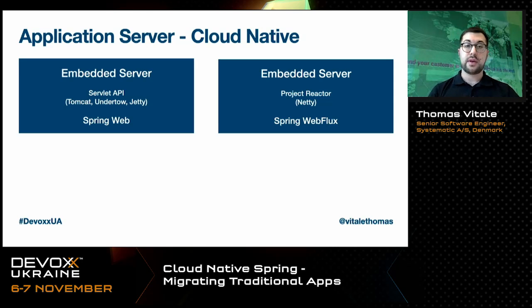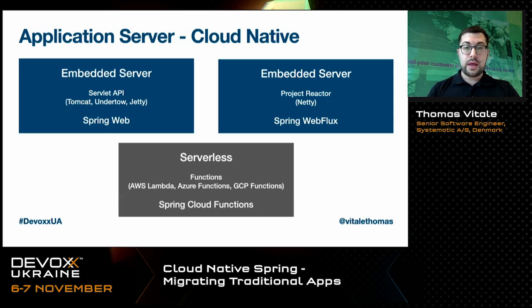And that's the case with servlet-based servers like Tomcat or Undertow. But maybe you can also have some functionality that you would like to extract and have it standalone and go serverless. So without a server, have functions deployed on platforms like AWS Lambda, Azure Functions, or Google Cloud Functions. And Spring Cloud Function is a library that can help you doing that.